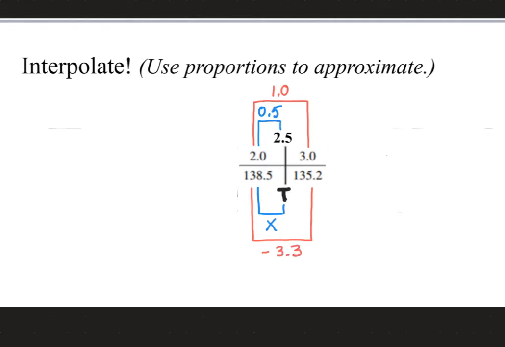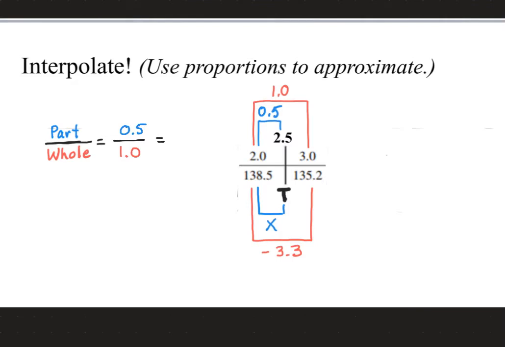So let's write out our proportion. We're going to be forming each ratio in this proportion by putting the part of the difference over the whole difference. Let me be more specific. For this section of the chart, the whole difference is 1.0 minutes, and the part for this section of the chart of the time difference is 0.5.